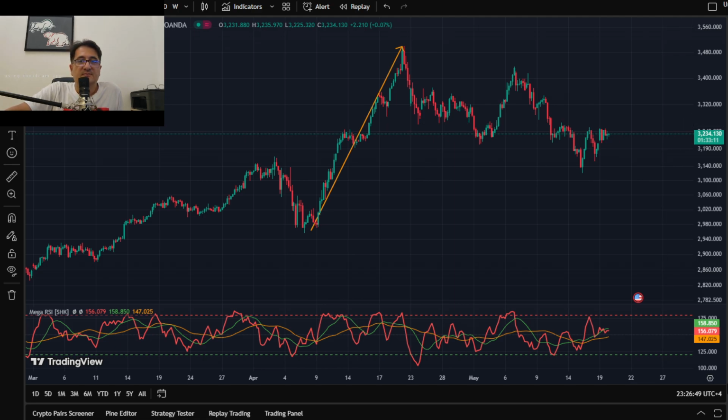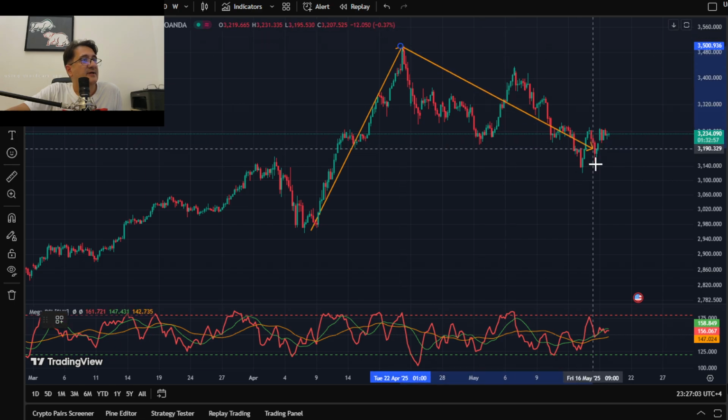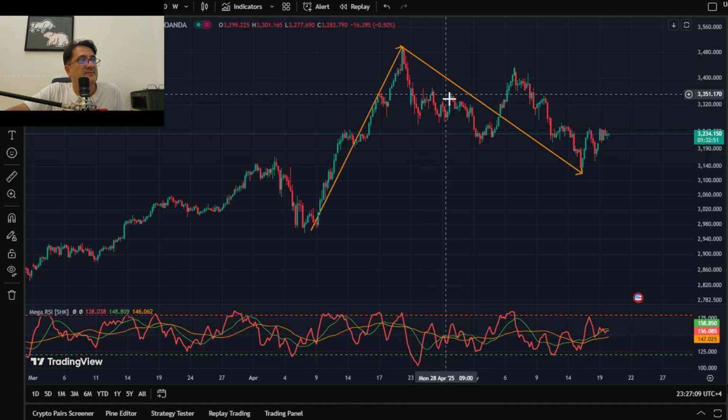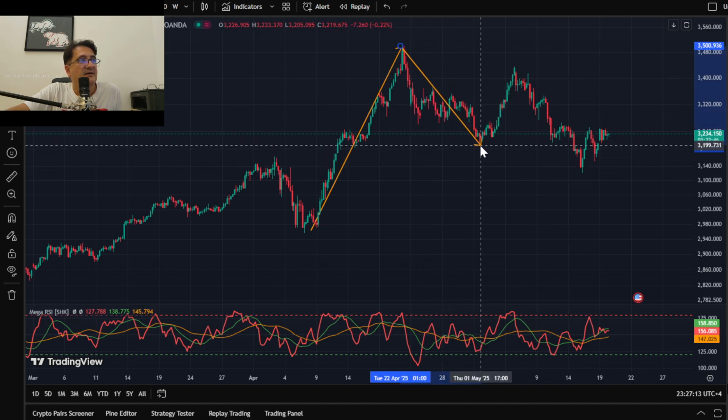And be patient. Don't try to chase every wiggle and find very clear trends. Sometimes trends can be messy. For example, here, this is a trend, but you see too many dips and highs that do not relate in a very clear trend.